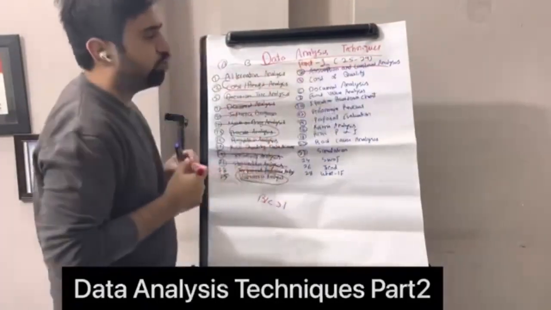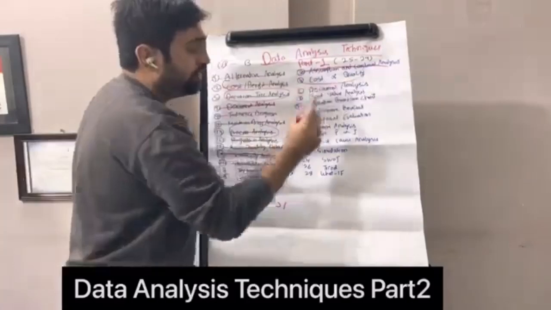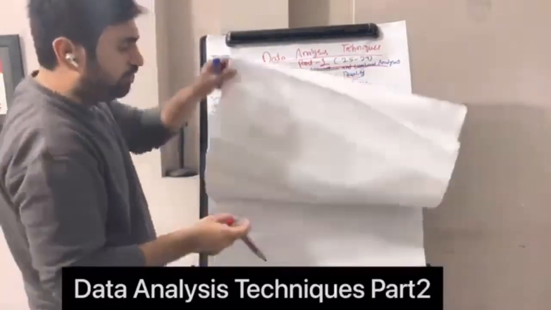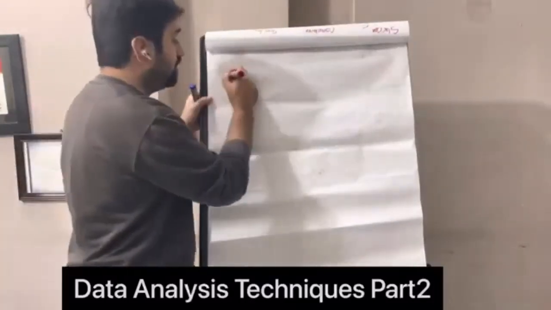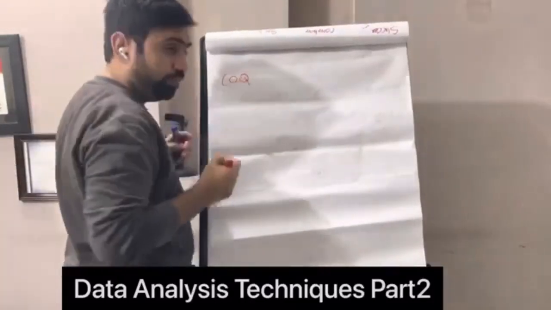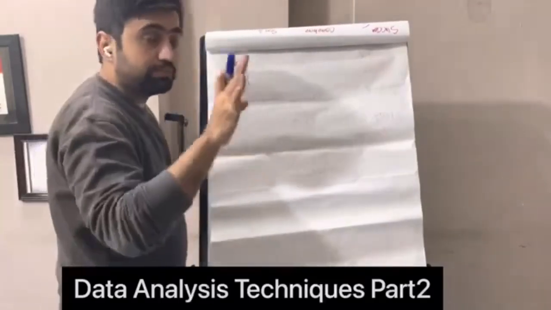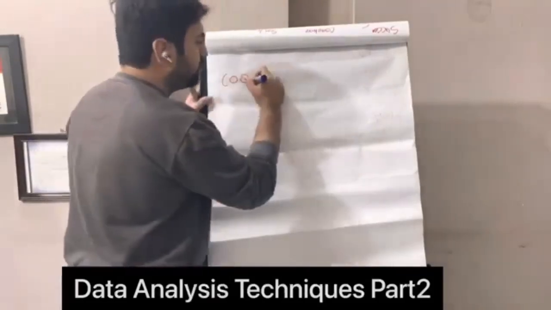The next technique is one of the most important techniques we use at plan quality. When we are planning the quality, what is the cost we are willing to pay for the quality? That cost must be included in the quality management plan. There are two types of cost.